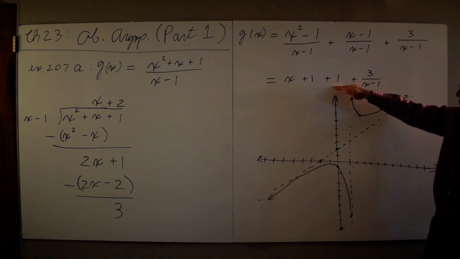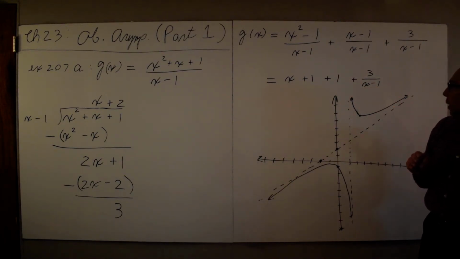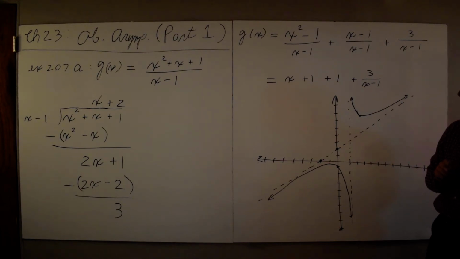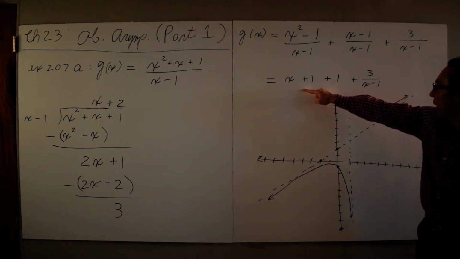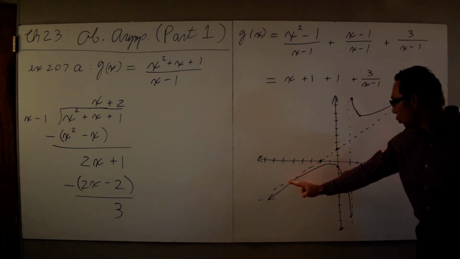So we write this, and we have x plus 2 plus 3 divided by x minus 1.